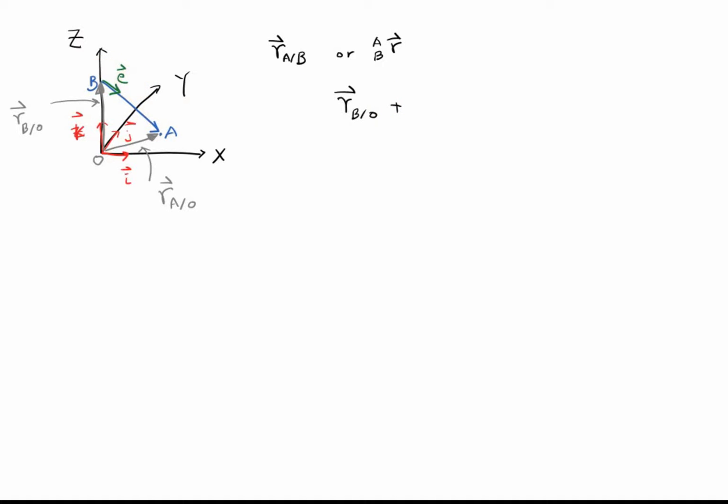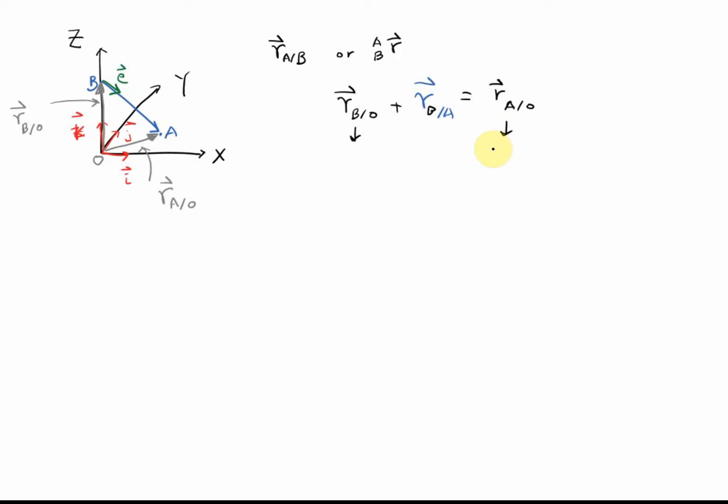Then if you look at this triangle here, we can easily think about our RBO vector plus my force vector here. So let me change the color. This is my force vector, is equal to what? As you imagine, RAO can be represented by component vectors.